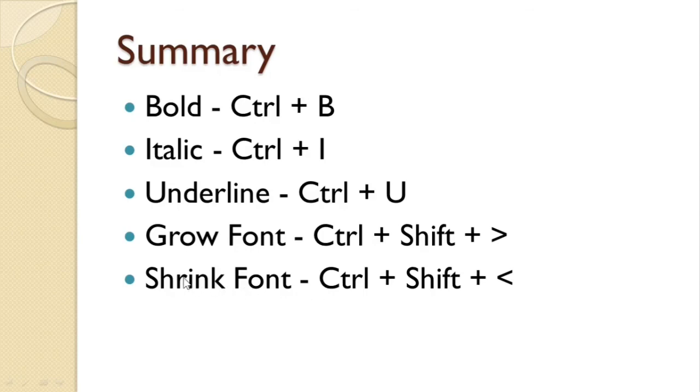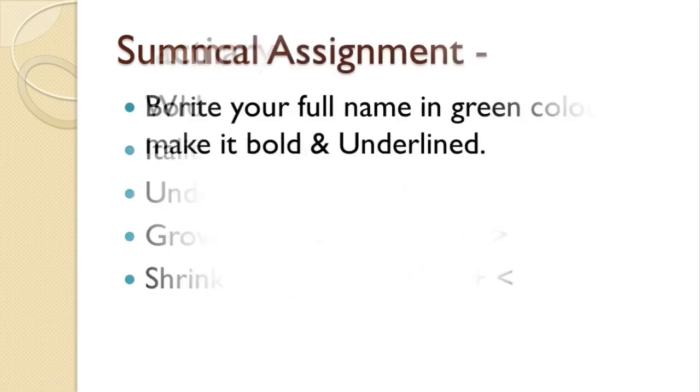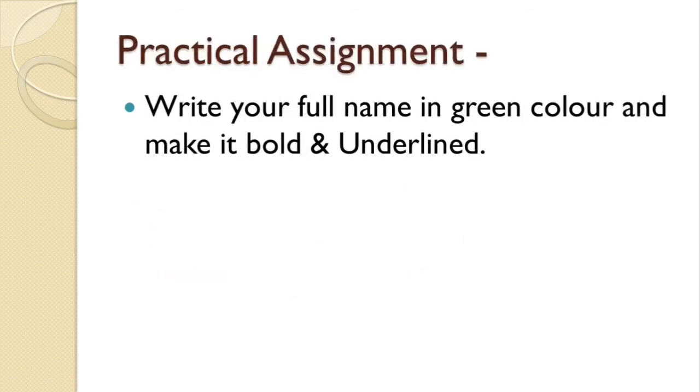And for decreasing, that means shrink font, shortcut keys Ctrl+Shift plus less than sign. Also, you can color and highlight your text by going to the appropriate commands. Now you can solve this practical assignment.